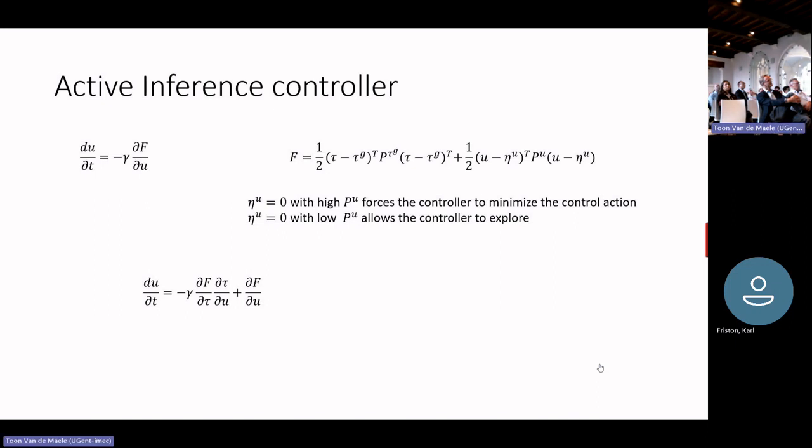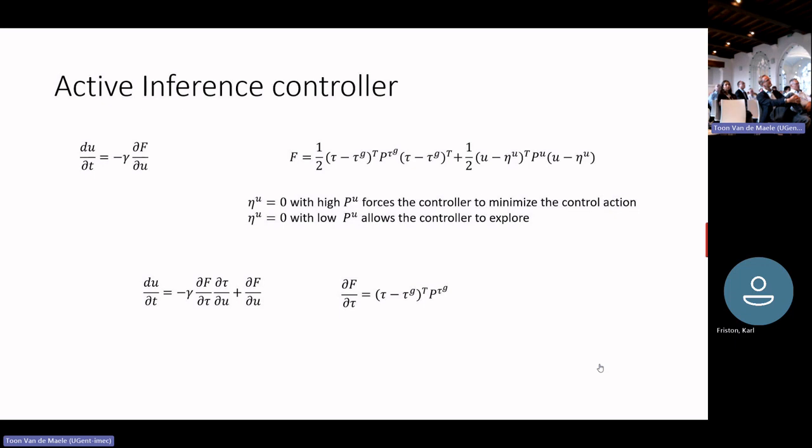Free energy, as you know, is not just dependent on u, but it's also dependent on tau. So you apply the chain rule and you bring in tau. Free energy is first dependent on the task variable, and through the task variable, it is linked to u. At the same time, it's also linked to u directly.